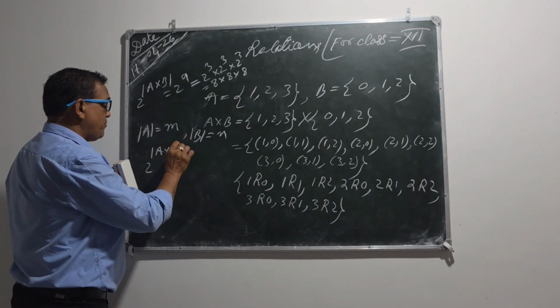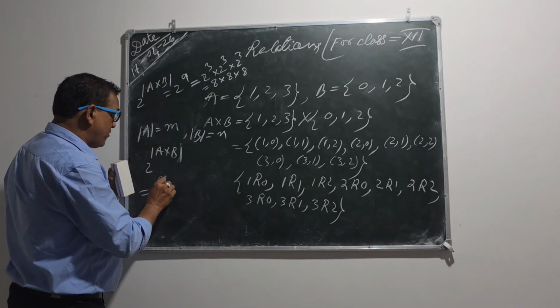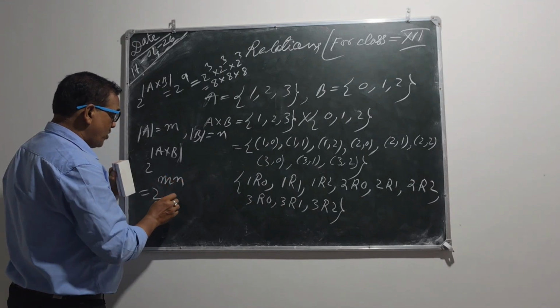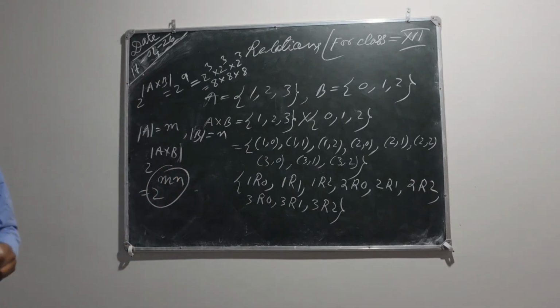Then finally it will be 2 to the power mn. So this will be the total number of relations.